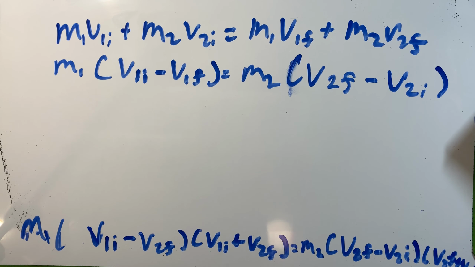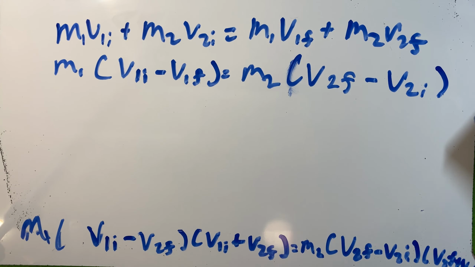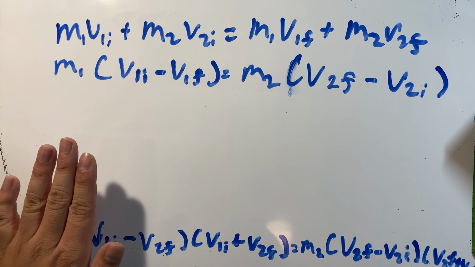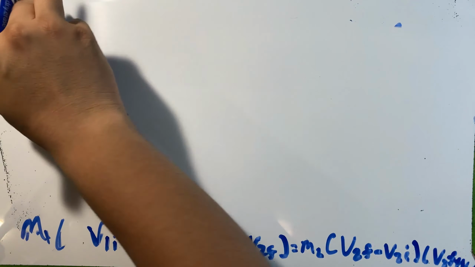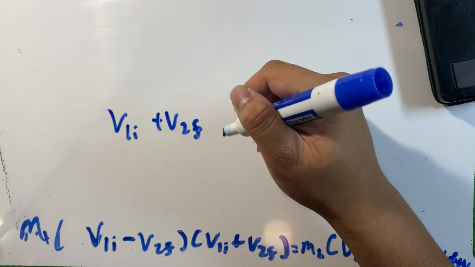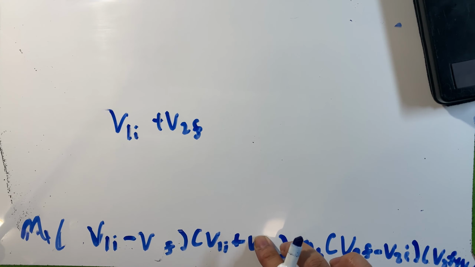So essentially, we're left with these two equations. But what we can do is actually divide this into this. So then this is going to be canceled, and this and this are going to be canceled. So we're left with V1i plus V1f. My bad, why did I change that? This is 1, sorry.